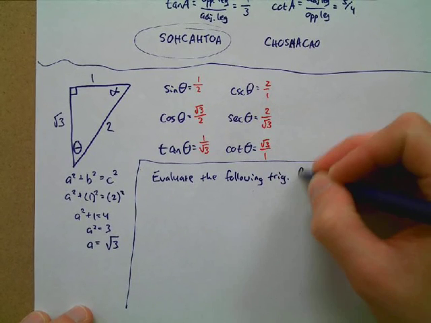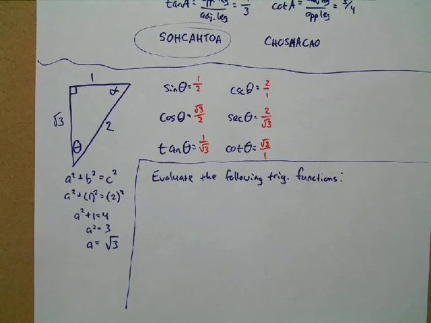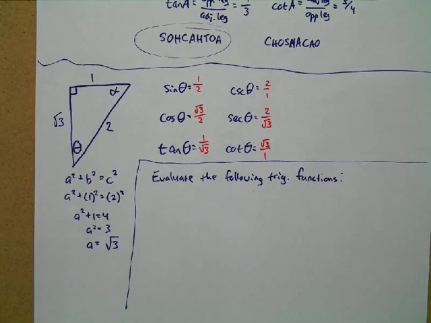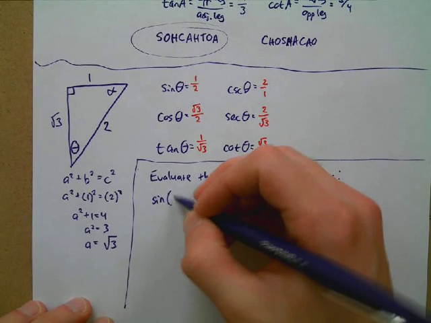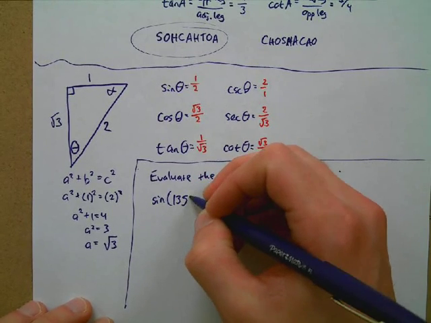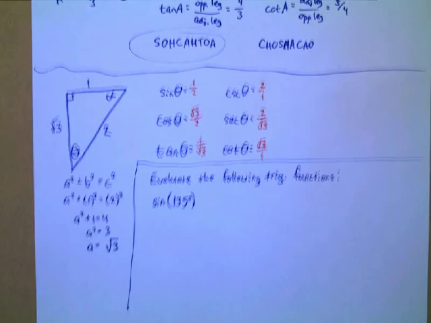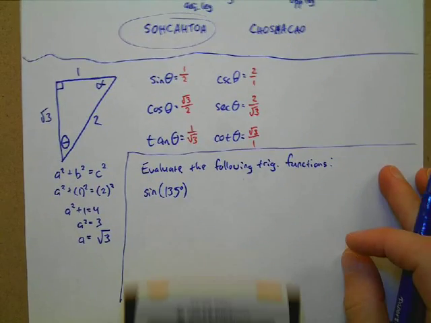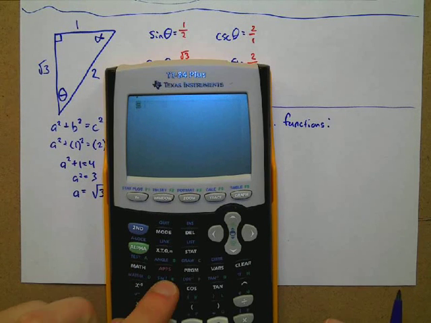So, for example, if we have sine of 135 degrees, we just literally go to our calculators right now, and we can type in sine of 135, and we get, whoops, sorry, it's frozen.